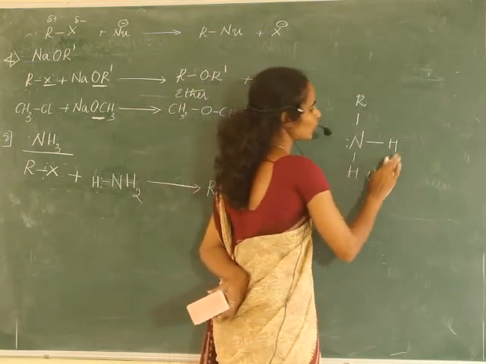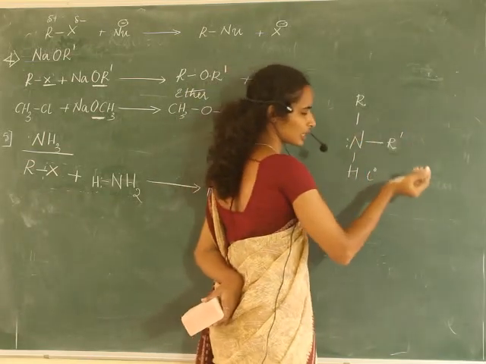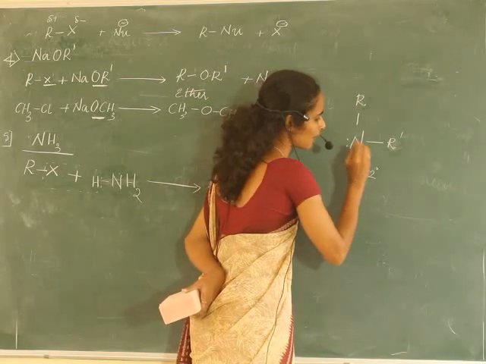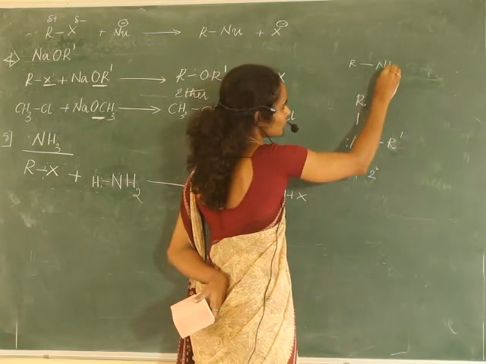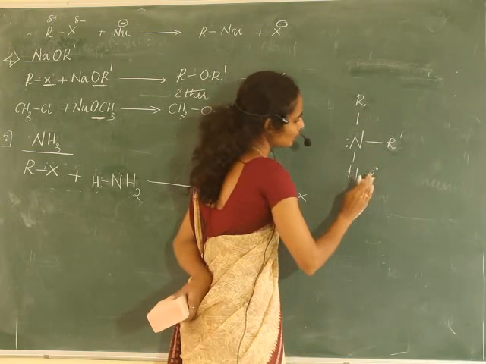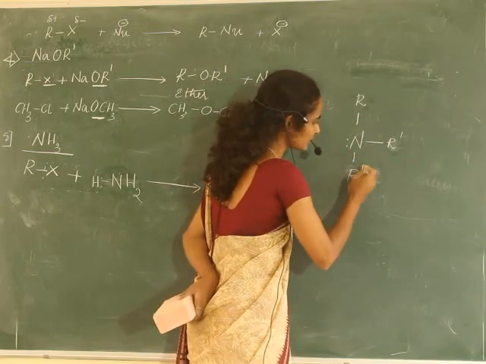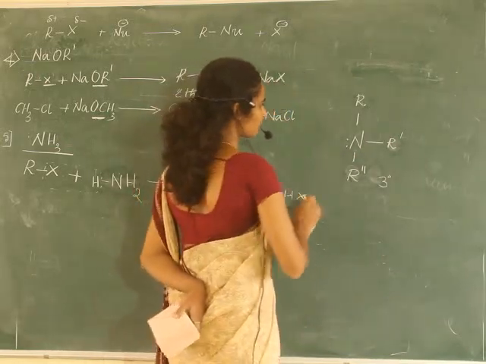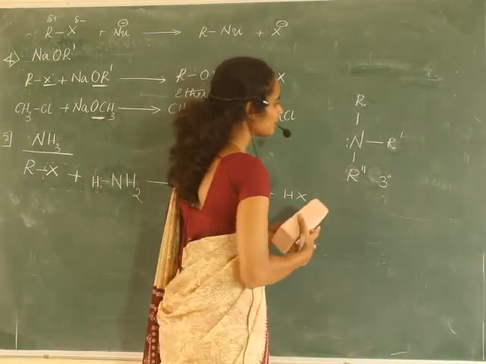And if we replace two hydrogen atoms by an alkyl group, the same alkyl group or different alkyl groups, then it will result in the formation of secondary amines, right? You know this RNH2, the amine functional group, right? Or NH2 is the amine functional group. If we replace the third hydrogen atom by an alkyl group, it results in the formation of a tertiary amine. It's about the types, the different classification of amines: primary, secondary, and tertiary.